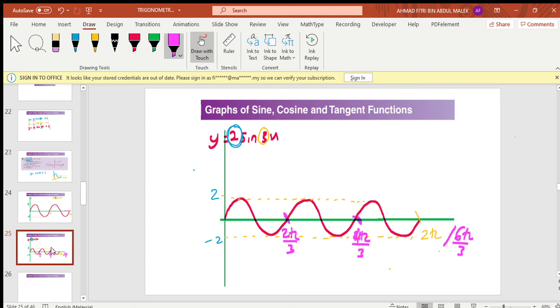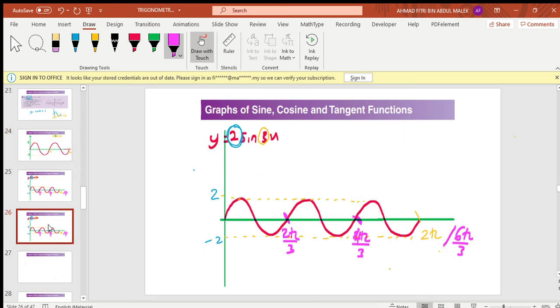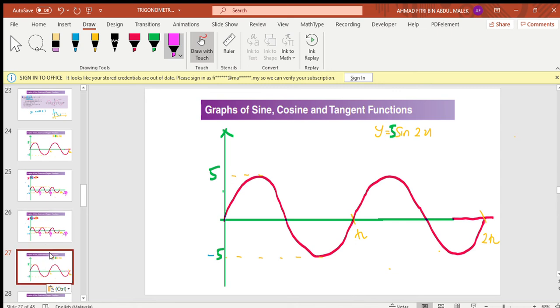Now, if I want to manipulate, by using the same graph here, I want to manipulate a value to show to you that you just need to know the shapes.